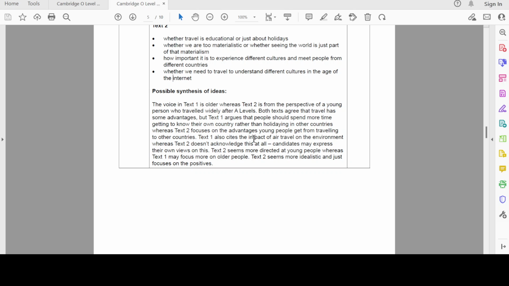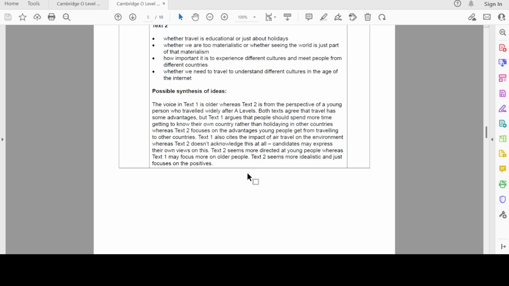Again, text one cites the impact of air travel on the environment. Text two doesn't acknowledge this at all, and candidates may express their own views on this, right? So there's somewhere where the question says own views. Well, this is somewhere where they can do it. Text two seems more directed at young people, whereas text one may focus on older people.